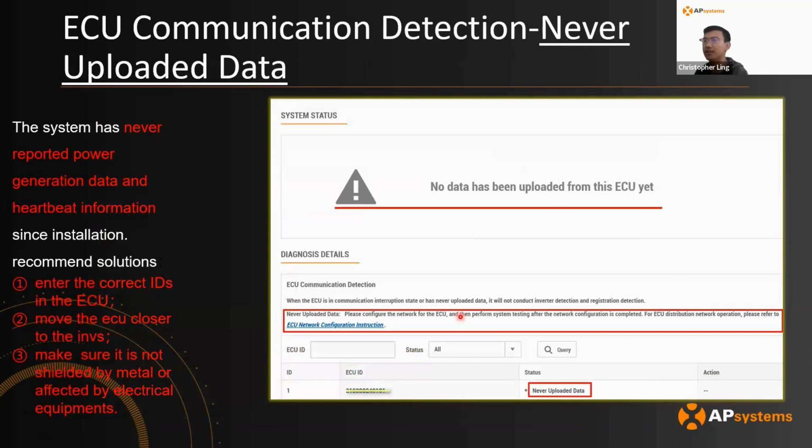Another issue is that the system has never uploaded data before. This is possible when the ECU is live, but has never received any sort of power data in the past at all.